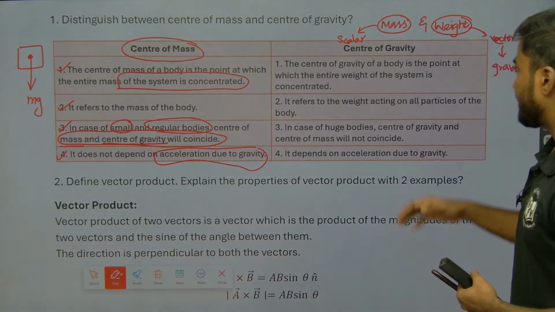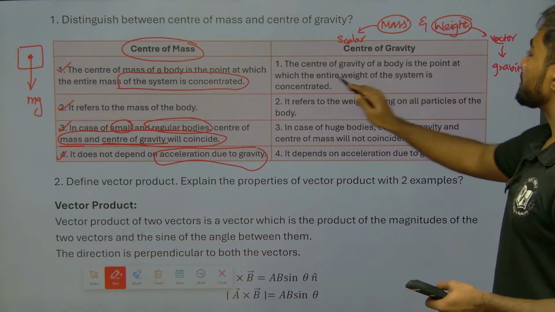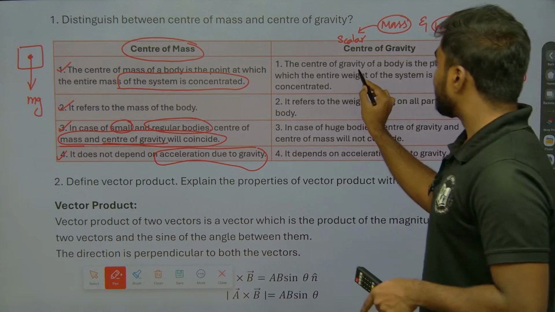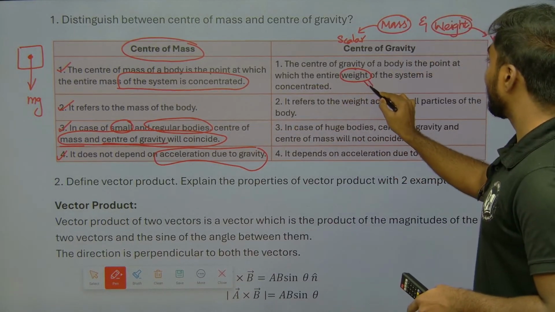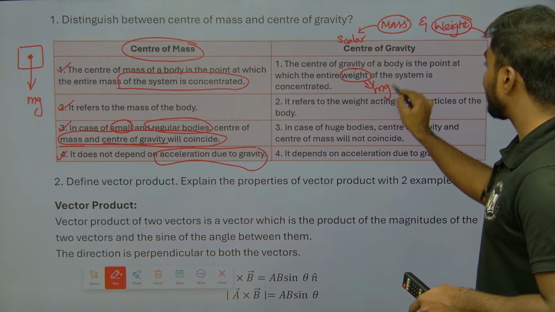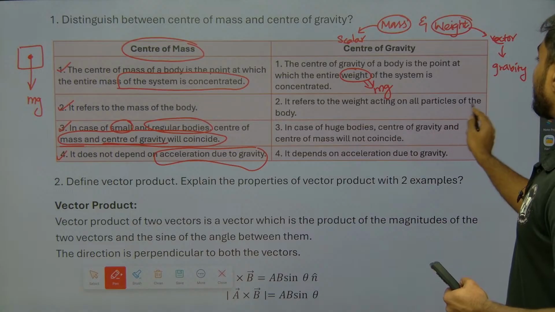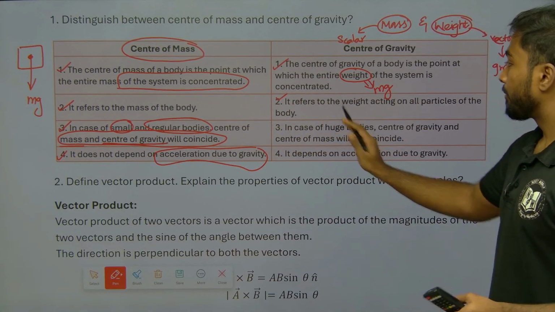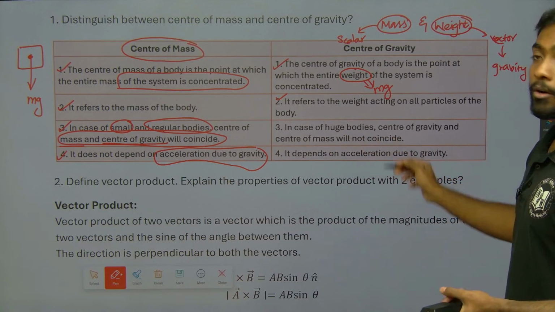When we talk about center of gravity, it is the point at which the entire weight of a system is concentrated. Here it is mass, here it is weight. Weight is nothing but mg, mass into gravity. Second point, it refers to the weight acting on all particles of a body. In case of huge bodies, center of gravity and center of mass will not coincide.